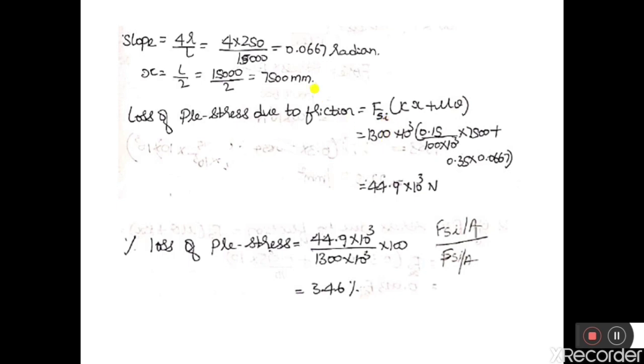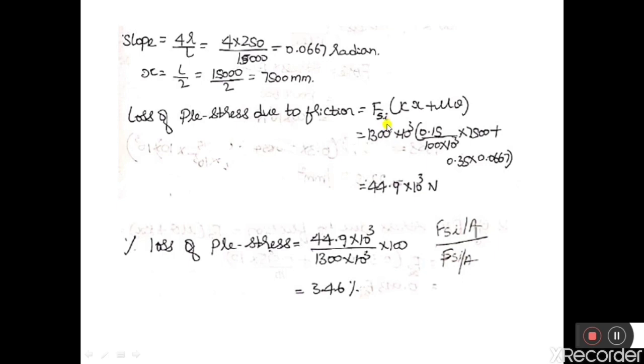The initial pre-stressing force is 1300 kilonewton, so 1300 kilonewton divided by A. So there is a mistake there. It should be 1300 into 10 to the power of 3 Newton by A.